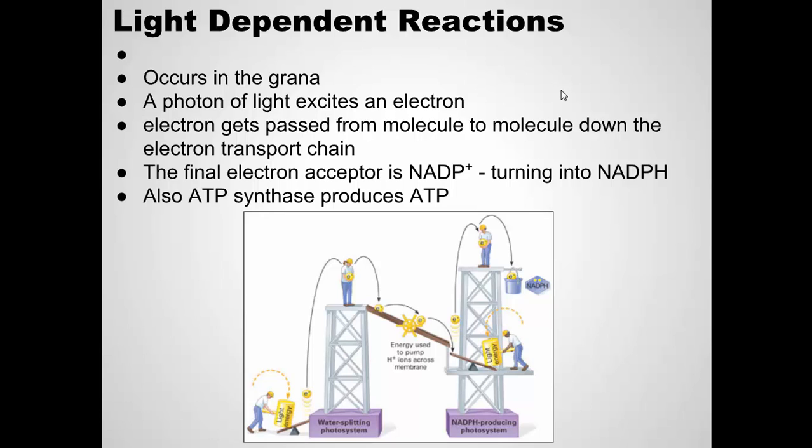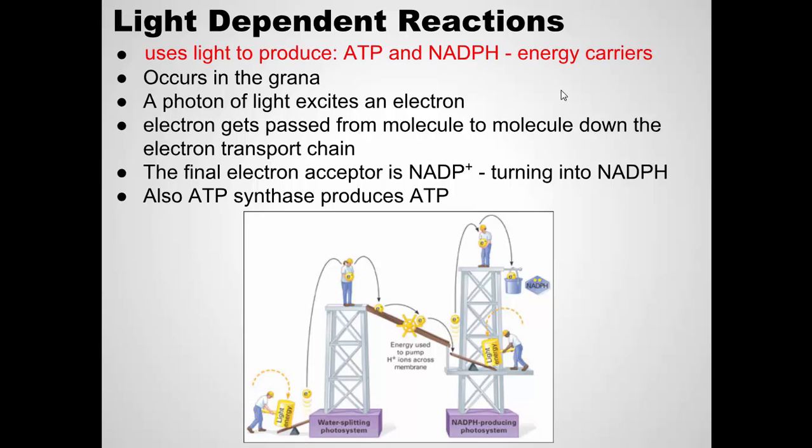All right, so the light-dependent reactions. Obviously, they need light. And the basics, if we were to say in a sentence what happens in the light-dependent reactions? They're taking in light, capturing that energy. Obviously, light has energy.